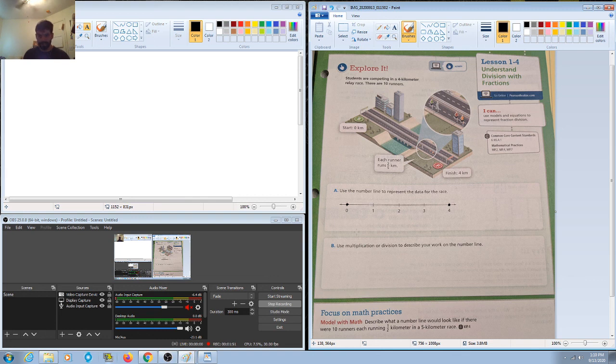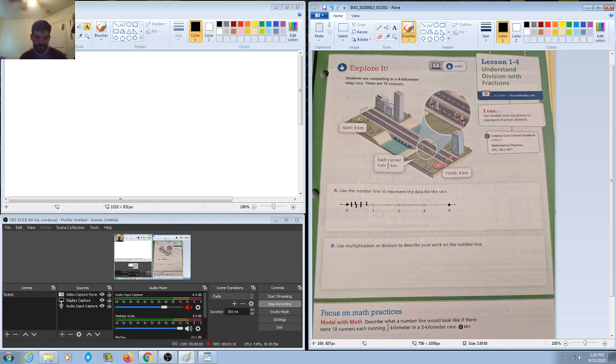Now, the next thing that I want to do, very importantly, is to divide each of these 1 kilometers into fifths, because this is going to allow me to represent each runner and the distance that they run in this 4-kilometer race. Now, these are not going to be exactly equivalent, but I'm going to do the best I can to make sure they're pretty equal to each other.